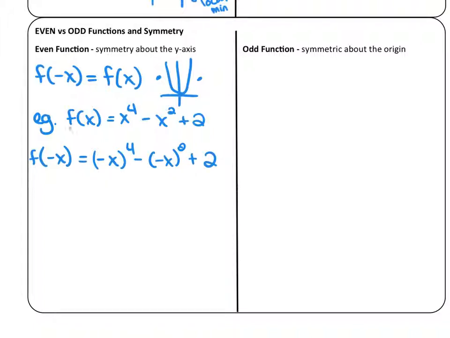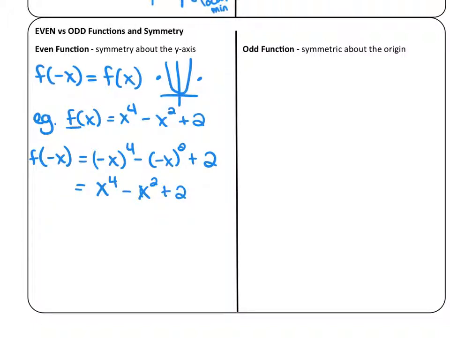So what happens when you have an even exponent is negatives become positive. So this will become positive x to the 4. This x squared, minus x times minus x gives us a positive x squared. And the 2 doesn't change.